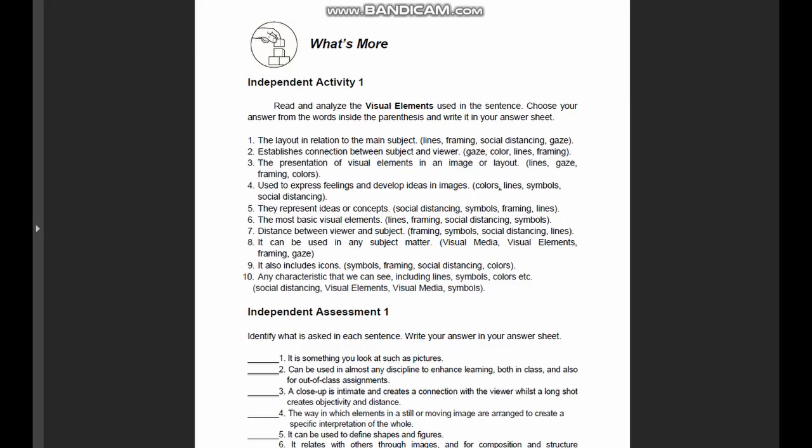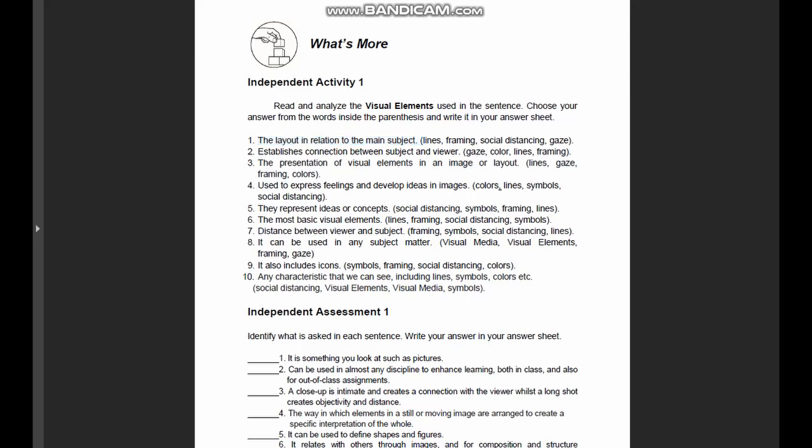Okay, the first one, the layout in relation to the main subject. Is it lines, framing, social distancing, or gaze? Write your answer in your answer sheet or paper.